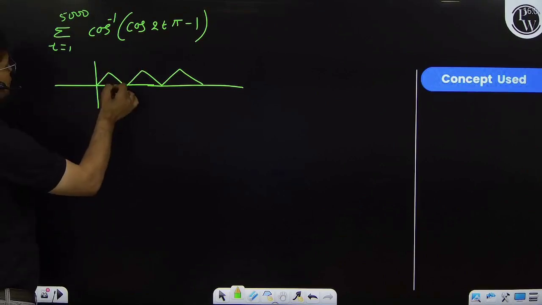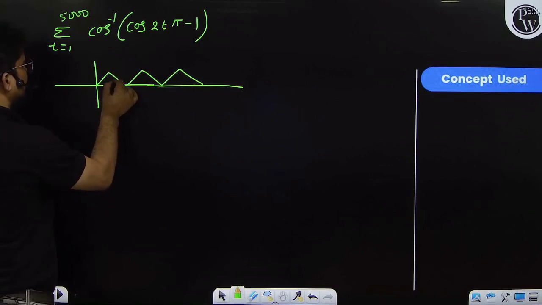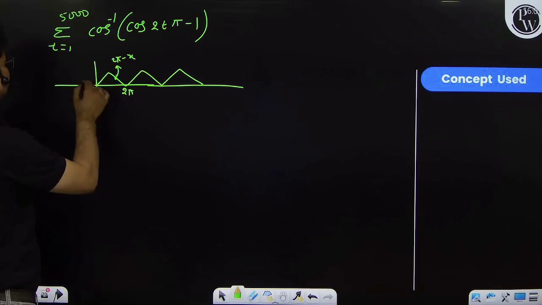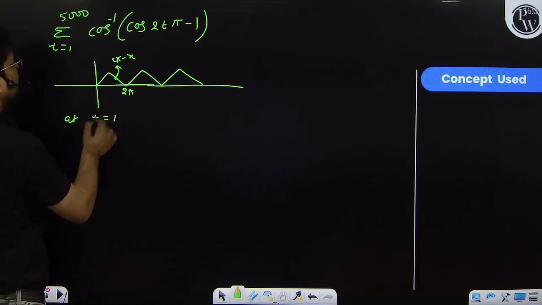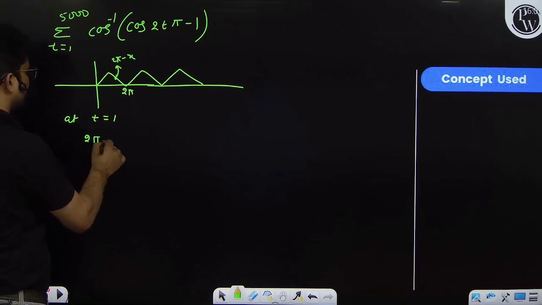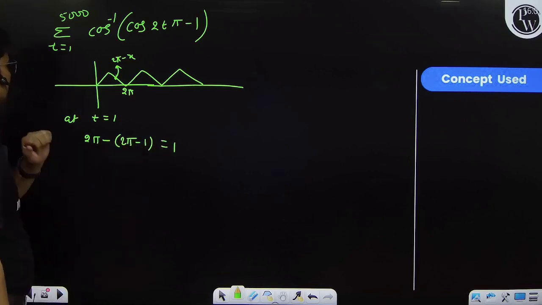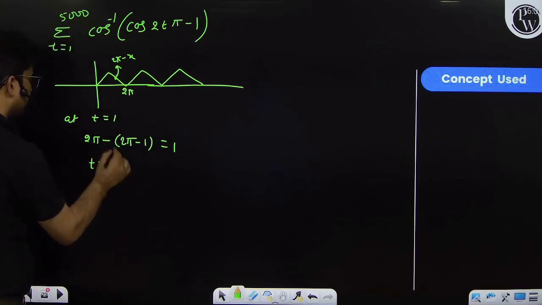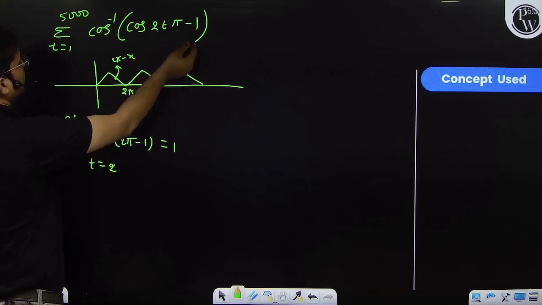At t is equal to 1, value is 2 pi minus 1. This is your 2 pi point and minus 1 is this. Means line will be active here. This line is 2 pi minus x. So at t is equal to 1, value will be 2 pi minus 1, that is 1. Come to the point. For t is equal to 2, this will be equal to 4 pi minus 1.